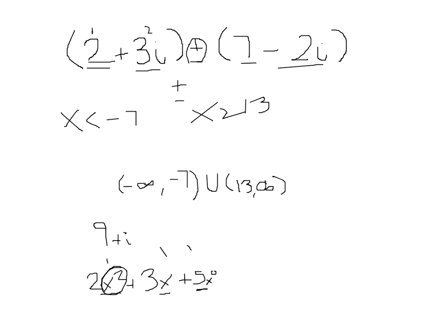So for instance, even if you had 2x squared plus 5, although this is a binomial, it can still be a quadratic just because you can rewrite that as 2x squared plus 0x plus 5. So just think of quadratics as anything with an x squared in it.